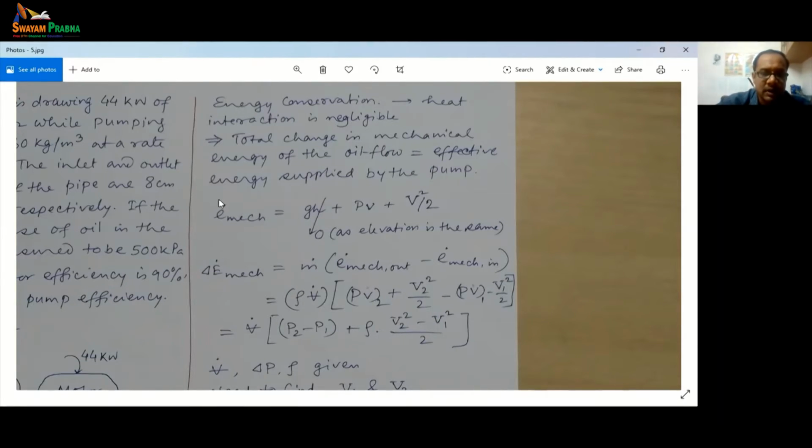We are just considering, for unit mass flow rate, the mechanical energy content of the flow. That's the first term gh, and then the pressure term, which is pressure times small v. Small v stands for specific volume.